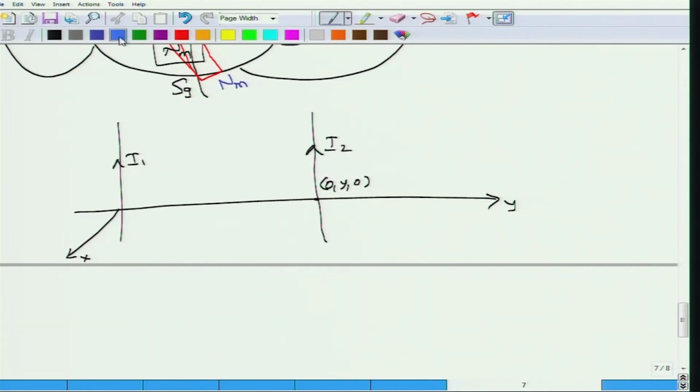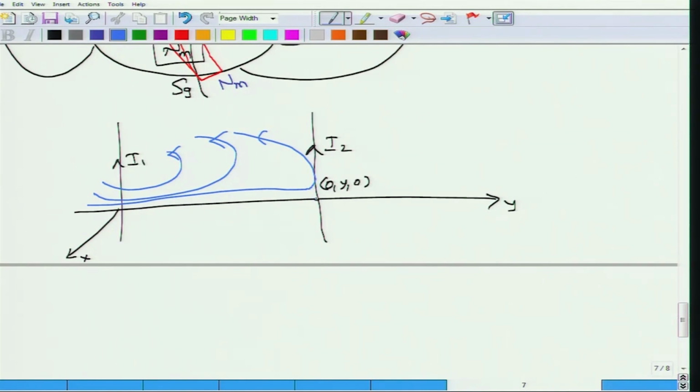Clearly there will be magnetic field lines around this, and there would be a magnetic field passing through this point (0, y, 0). If I find the magnetic field there, it would be along the direction minus x. You have to imagine this slightly.